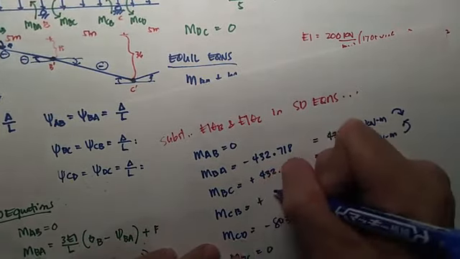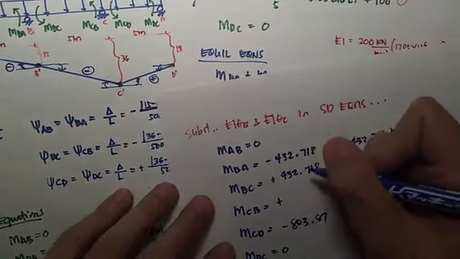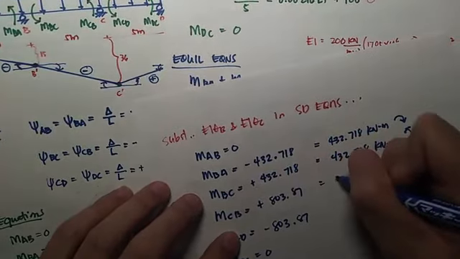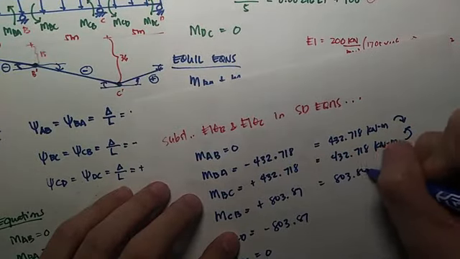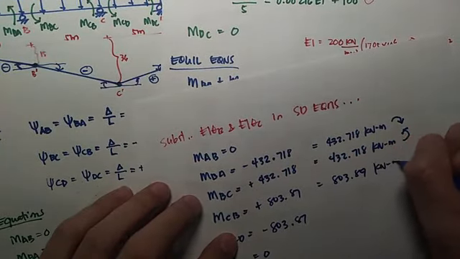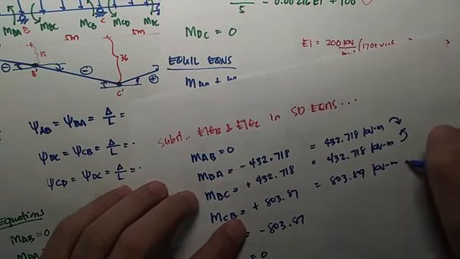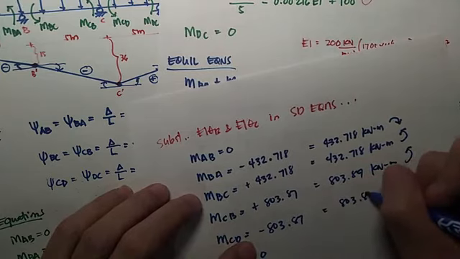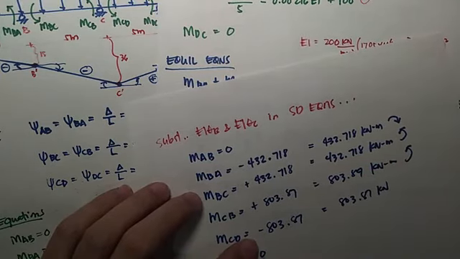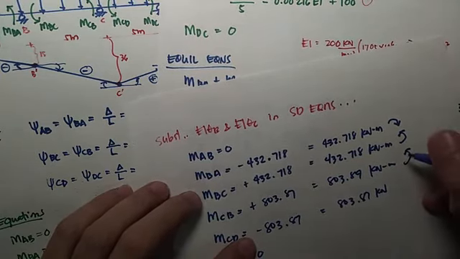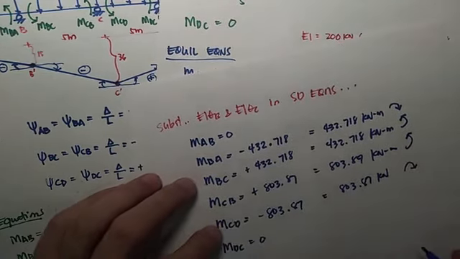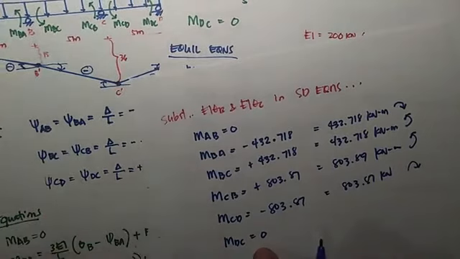This one is positive 803.87. So that is 803.87 kilonewton meter. Positive, that is counterclockwise. This one naman is 803.87 kilonewton meter. Negative, that means mali yung counterclockwise, so it would be clockwise. And finally, that would be the 0 moment.